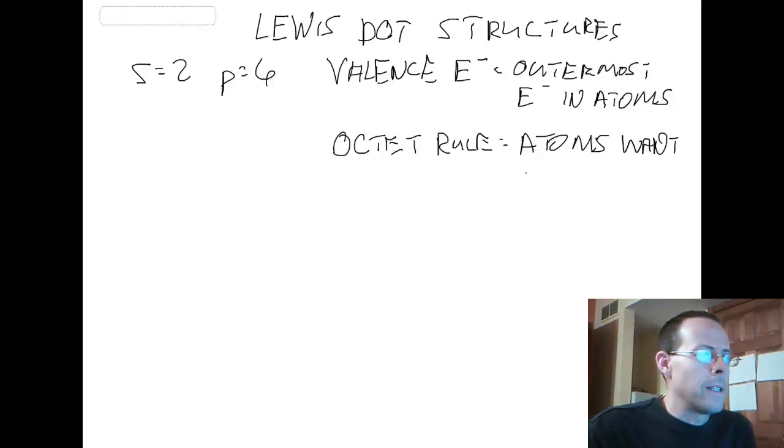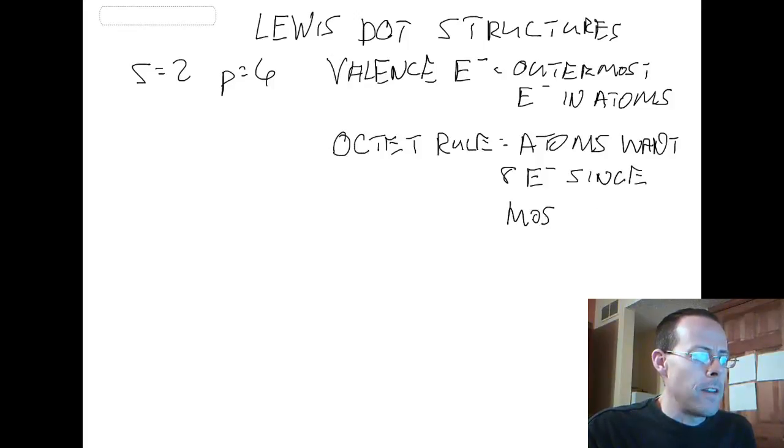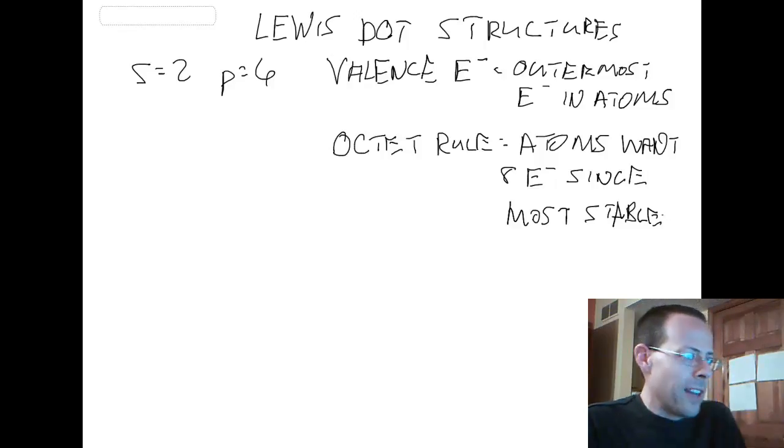So atoms want 8 electrons, since that is the most stable. And again, if we go back to electron configurations, noble gases have 8 electrons, and they're the most stable elements. So anyways, the Octet Rule applies to atoms wanting 8 electrons.